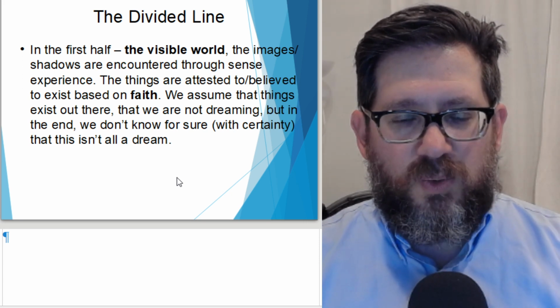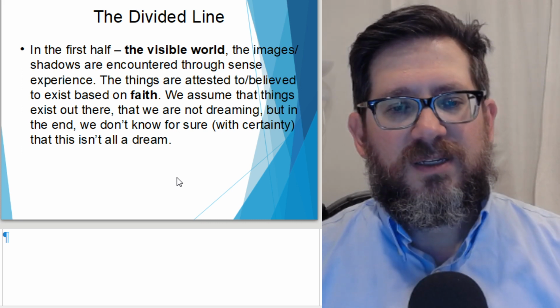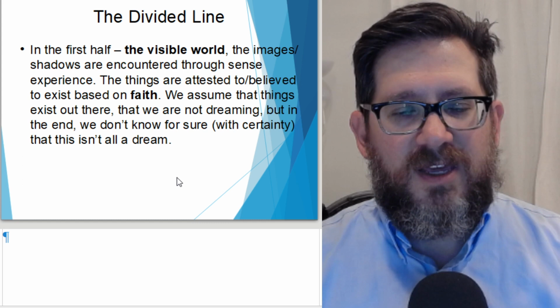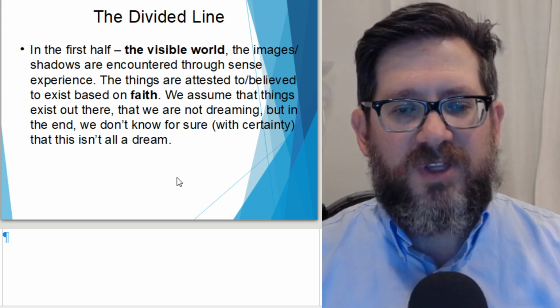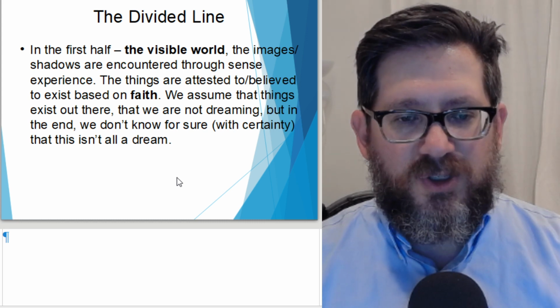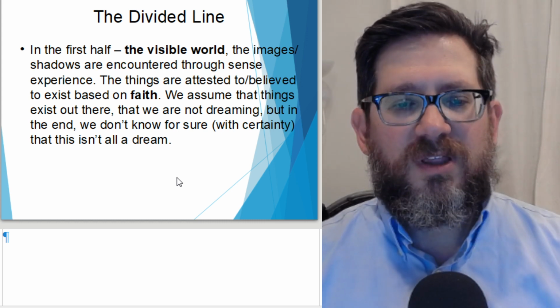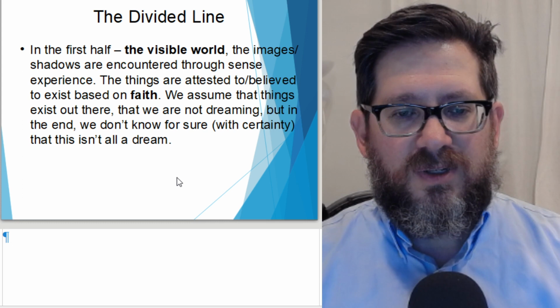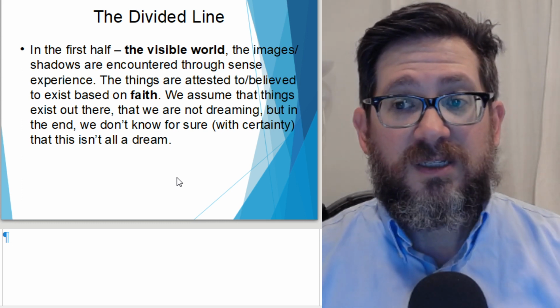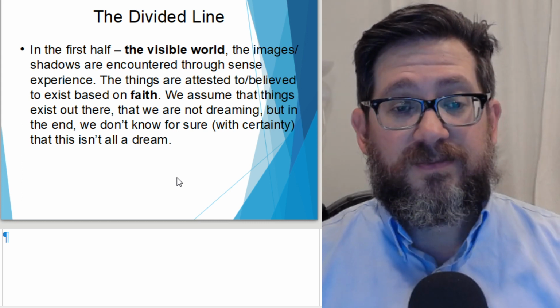So that in this world of opinion, it's through faith that there's actually a thing there. Because all we have are the images of it. Right? Everything is mediated through those images. We never directly get to the thing itself. We just have our sensory experiences within us in the end of that thing.